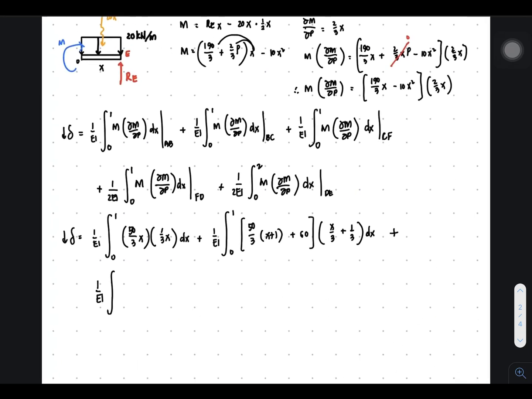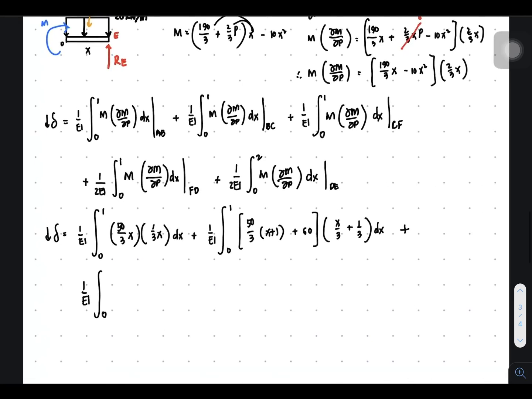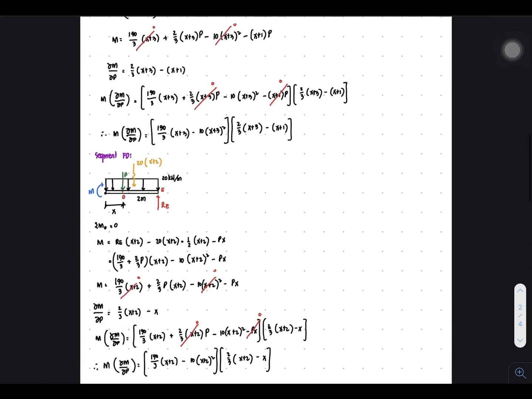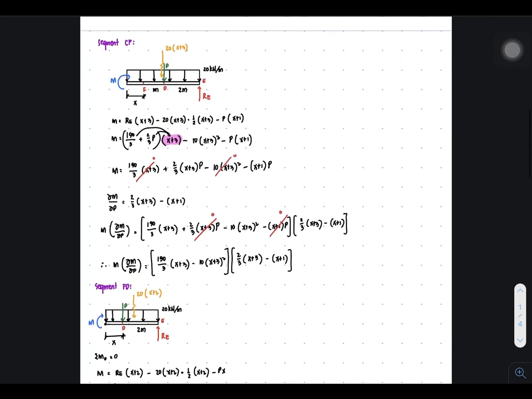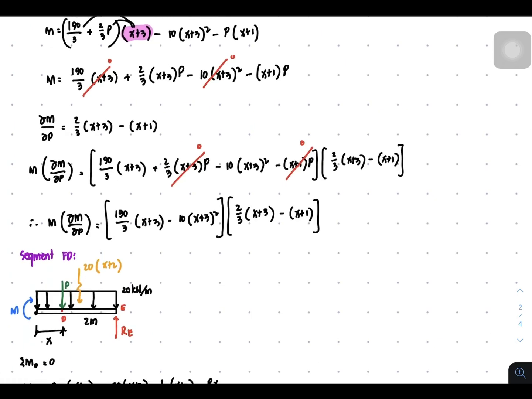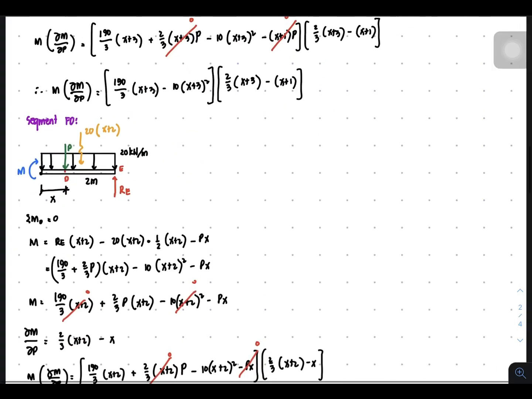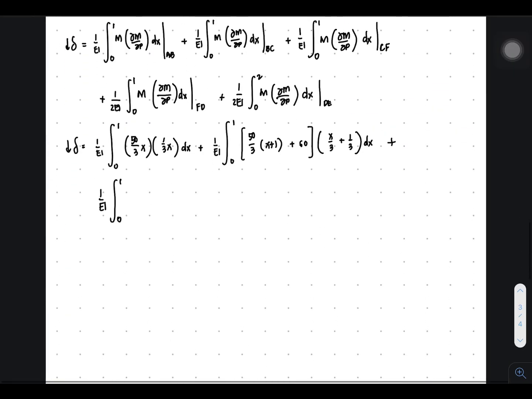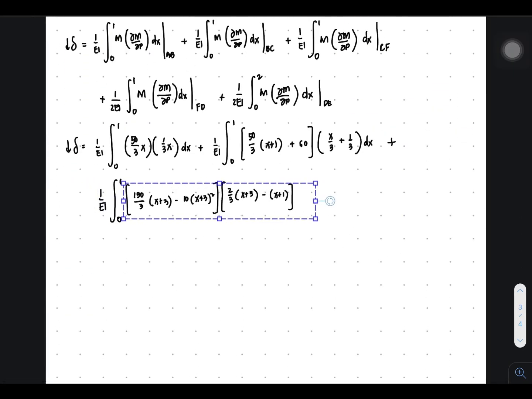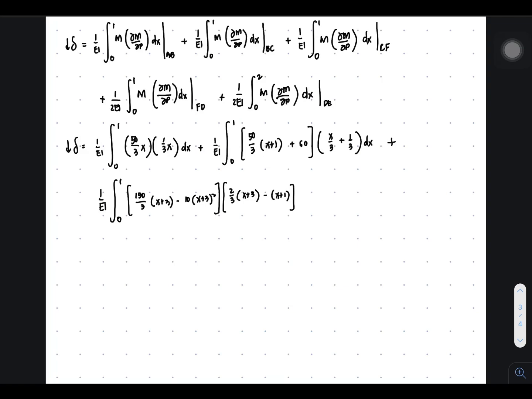Still 1 over EI because we are still in CF. Limit is from 0 to 1. CF. Where is CF? Here. So we need to copy this and paste it here. Dx. Don't forget that.